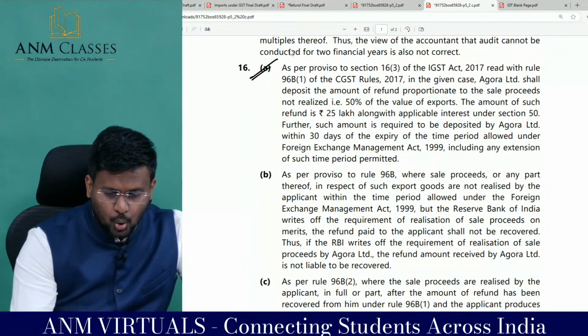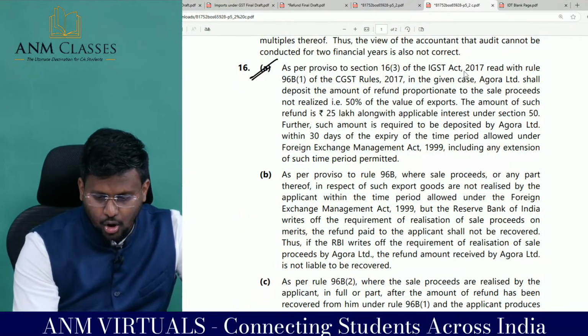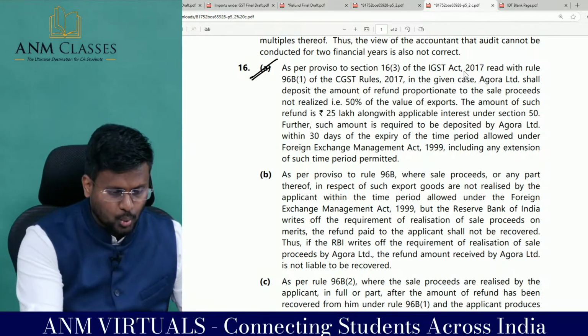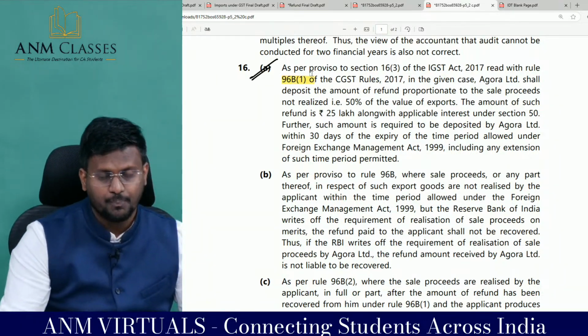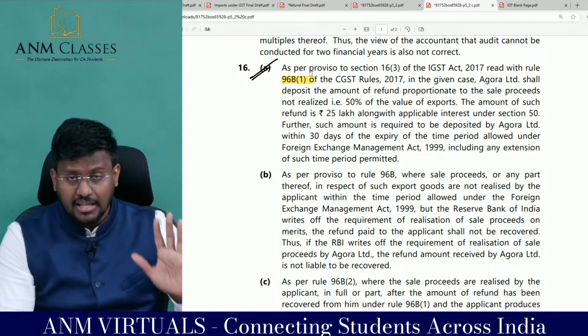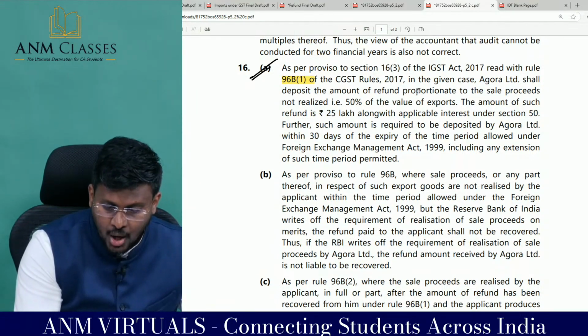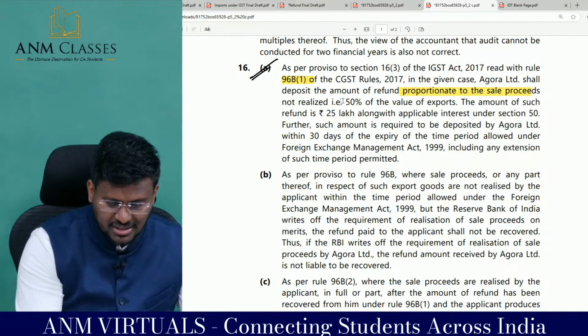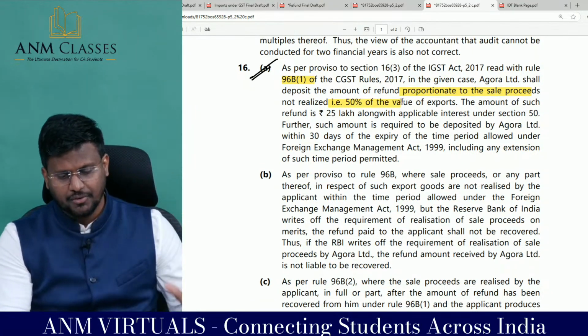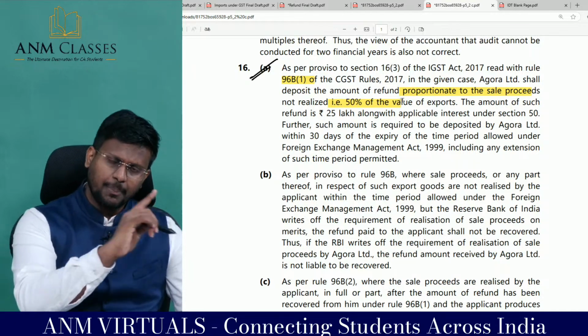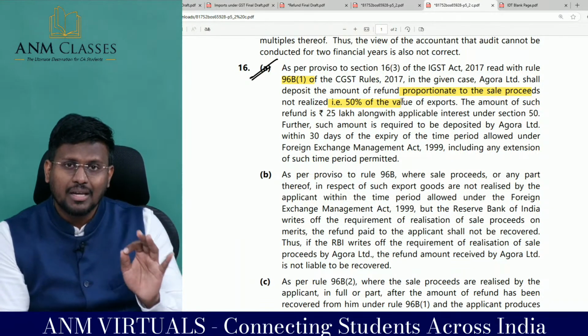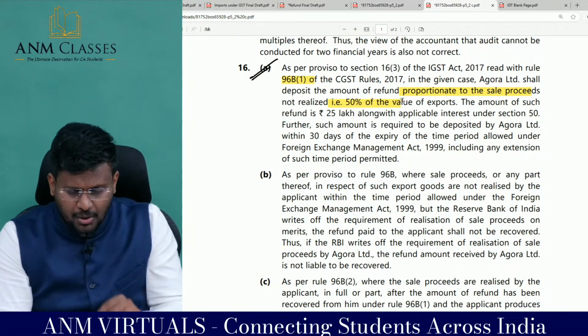As per proviso to section 16, subsection 3 of the IGST Act, read with rule 96B of the CGST rules, in the given case, Agora Limited shall deposit the amount of refund proportionate to the sale proceeds not realized, that is 50% of the value of export. Because 50% of the value of the export they have repatriated immediately, the balance is 50%.